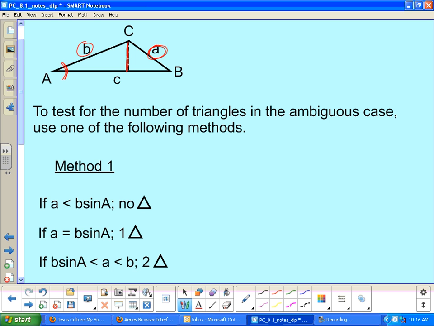The second scenario, what if our A happens to be the same length as this H value? That's the case where I get a right triangle, 90 degrees.